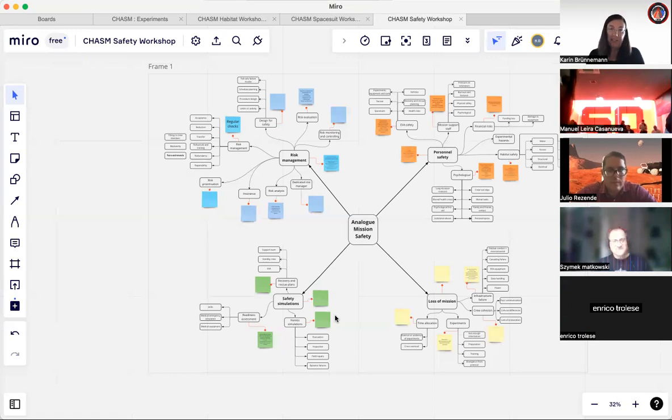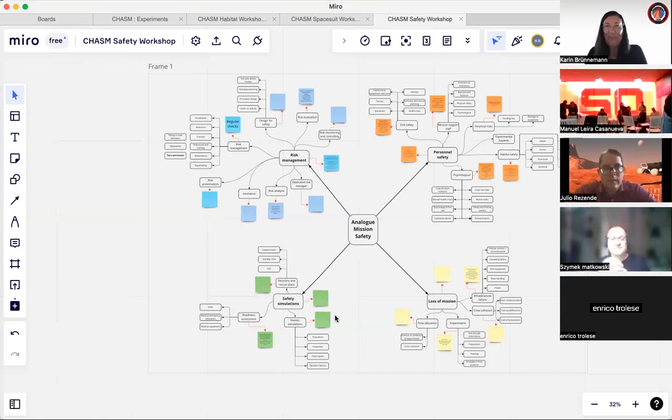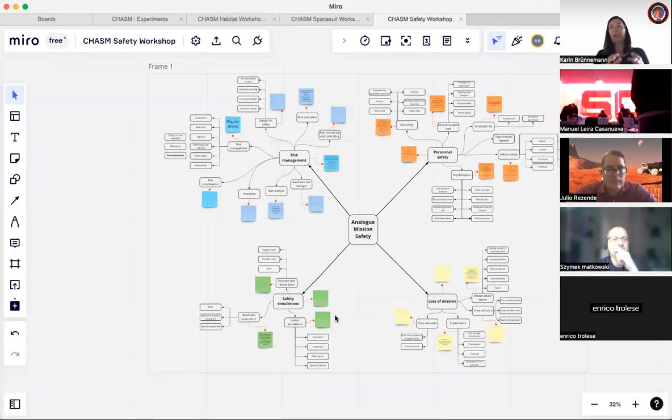We have, as you can see from this picture, most of our notes are really in the field of personal safety. And we have found out that there is a lot of interlinking.